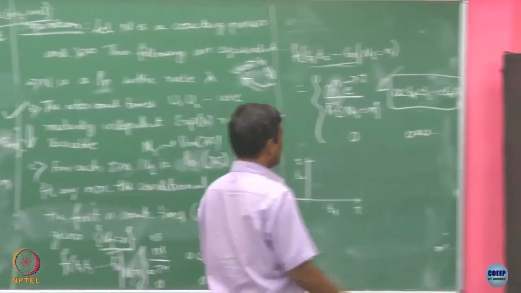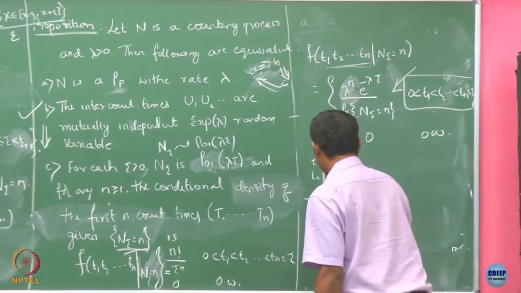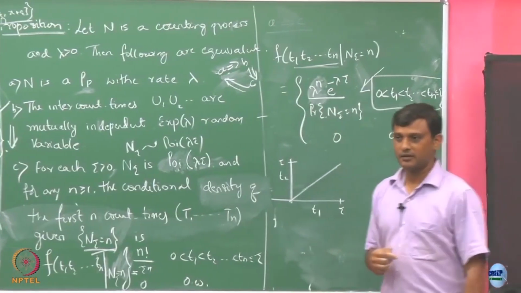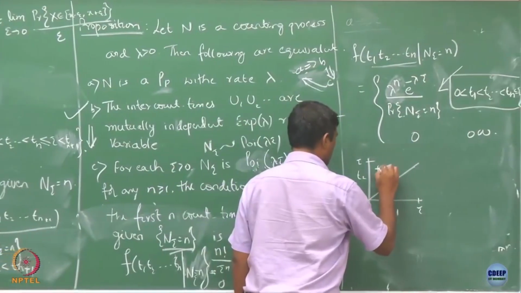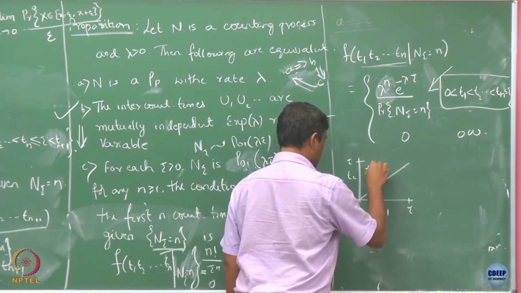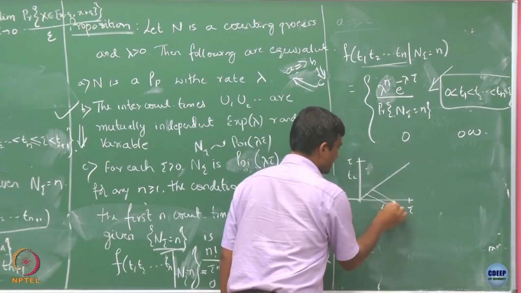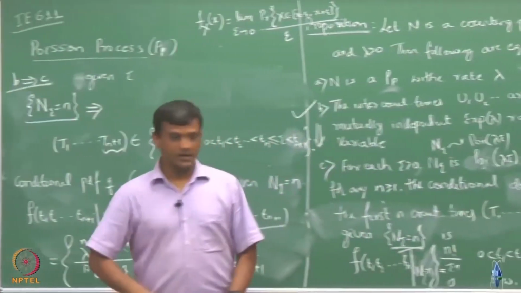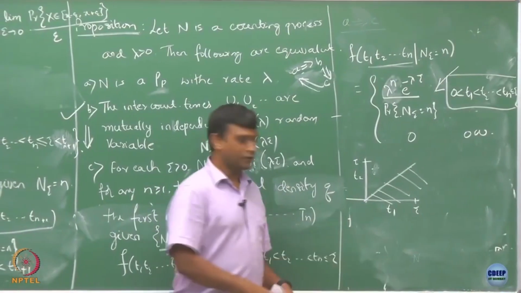Now what is the region here where T1 is going to be greater than T2? Let's say I draw a 45-degree line. In all of this region, will T1 be greater than T2 or T2 be greater than T1? T2 is going to be greater than T1.